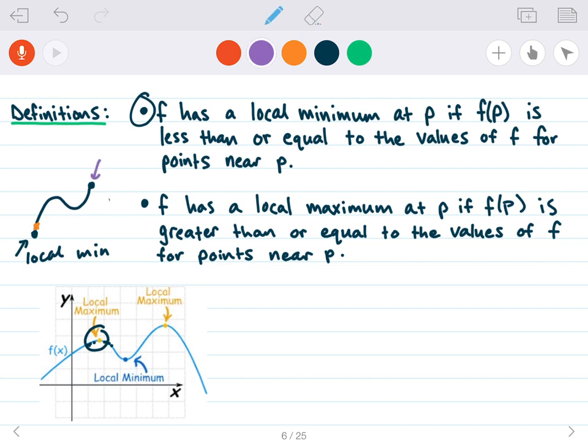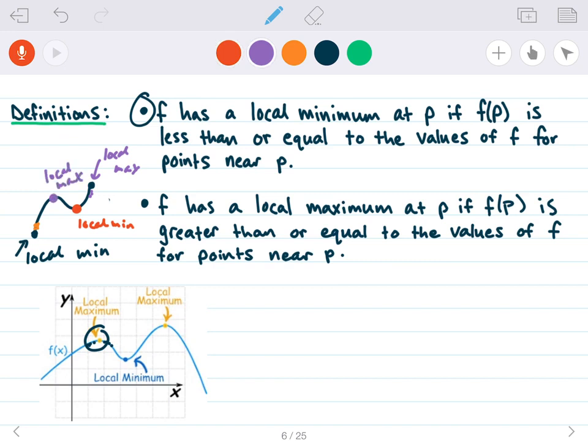And this is a local max right here because it's higher than all the points relative to it. This guy right here is a local min because it's at the bottom of a hump. And this thing right here is a local max because it's at the top of a hump.